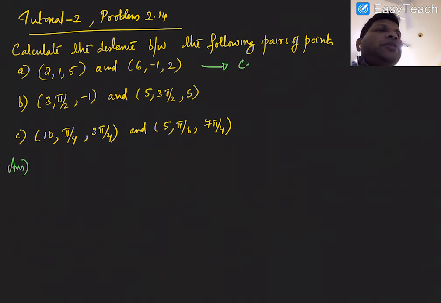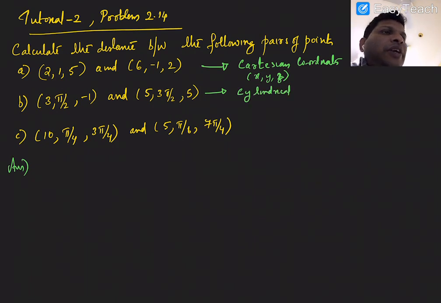That means it is represented in Cartesian coordinates, in the form of x, y, z. The next point is represented in cylindrical coordinates. So first of all, you have to identify that.